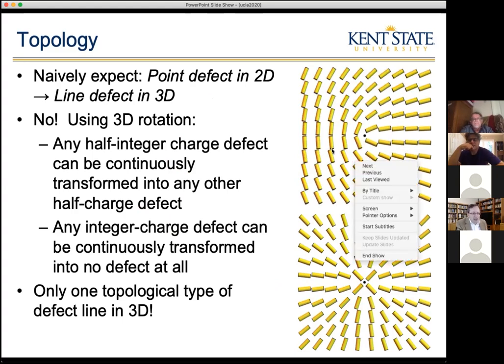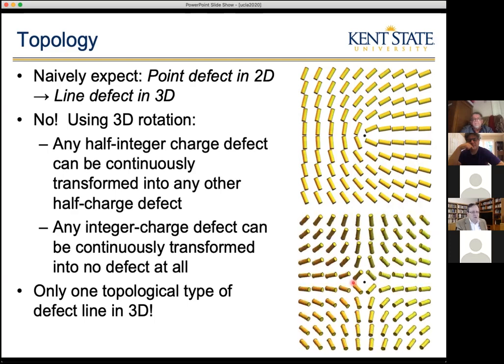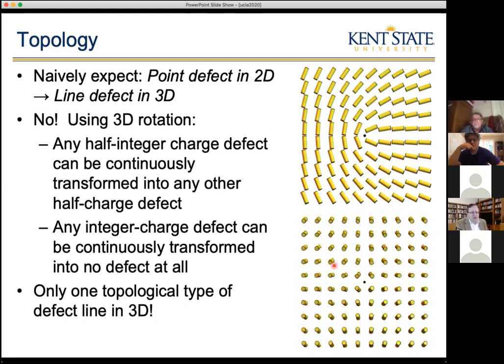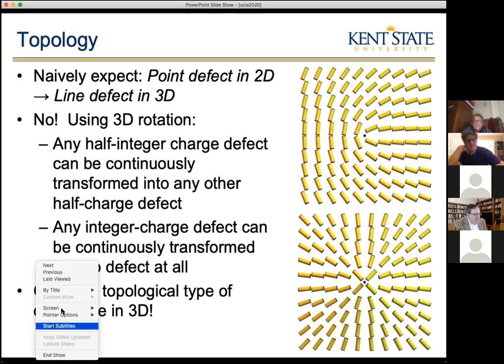Now for the bottom one, I can continuously transform a +1 to no defect at all, to a -1, to no defect at all, and back to a +1. I love my movies so much, I'm going to play them again.